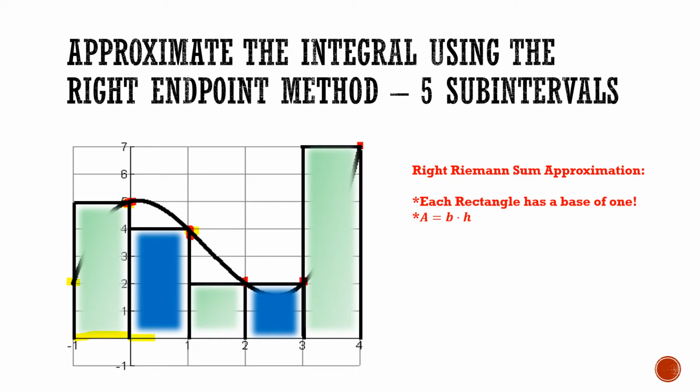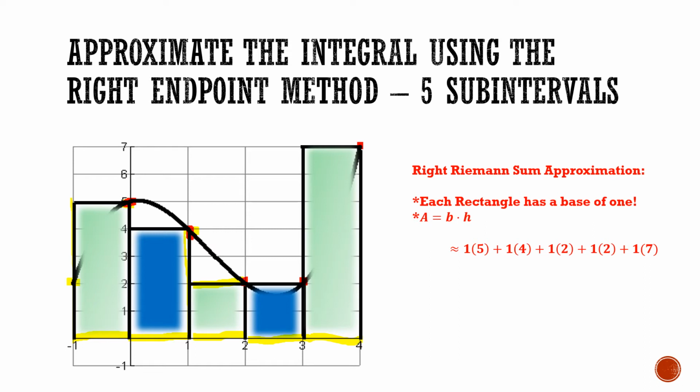Each rectangle had a base of 1 unit. So I'm going to do 1 times 5 because the height of this rectangle is 5. And then I'm going to do 1 times 4 because the height of this rectangle is 4. Now the next green rectangle is going to be 1 times 2 because the height of it is 2.